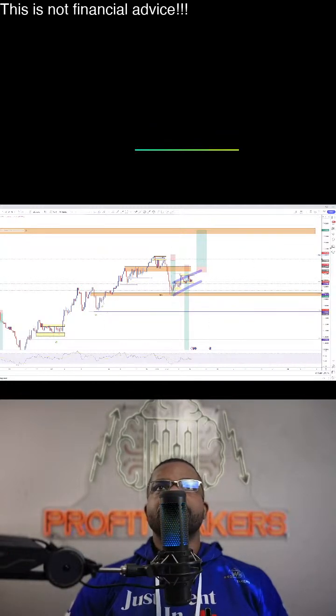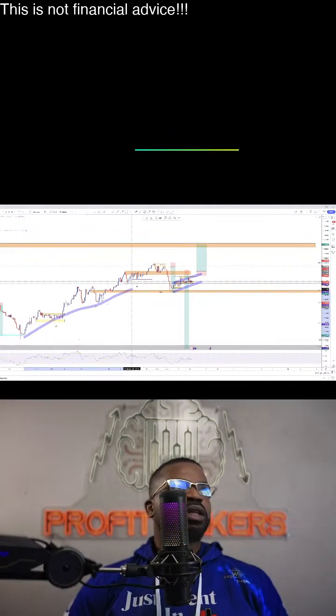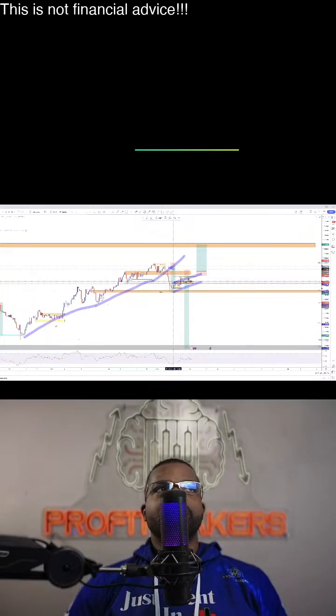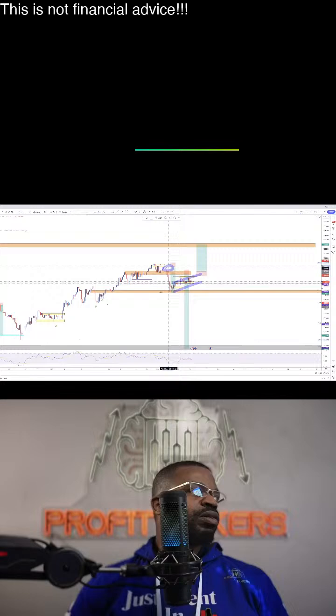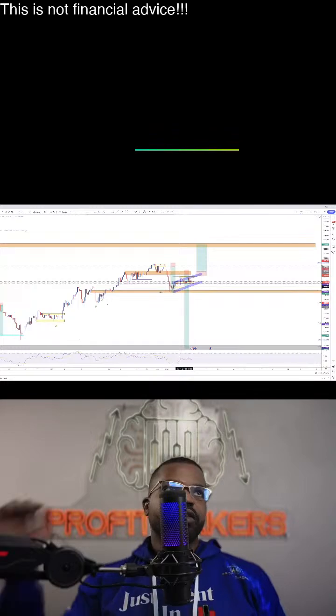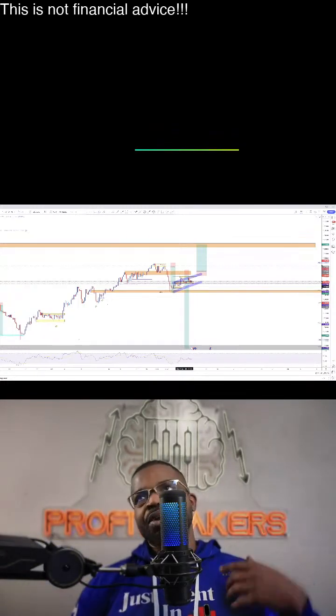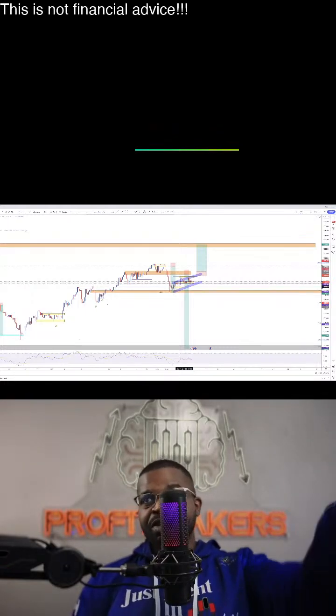This was the trend line. The trend line was clearly broken right here. This is also the uptrend structural break. And now we have this move. There's a huge chance that this is a bear flag. Now, does the news have anything to do with that?